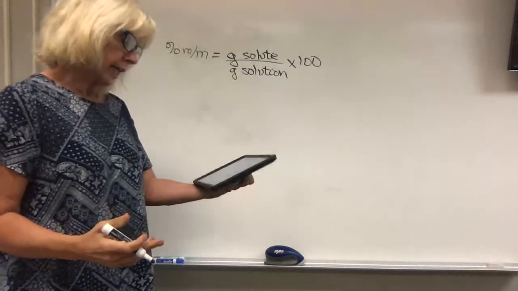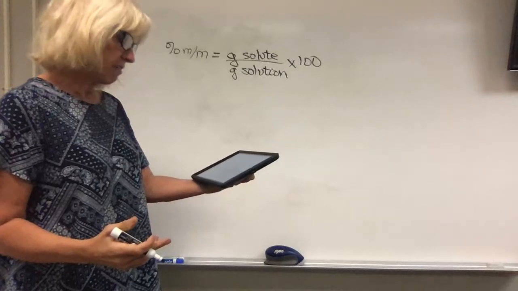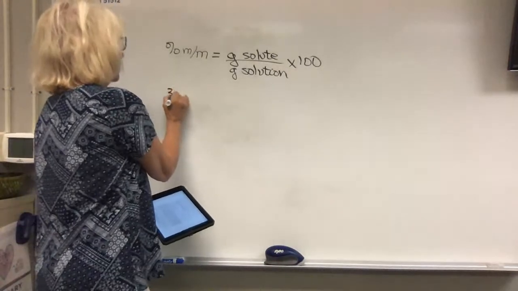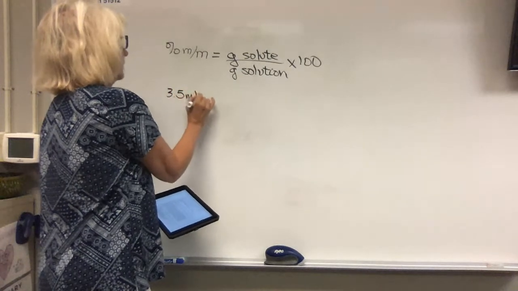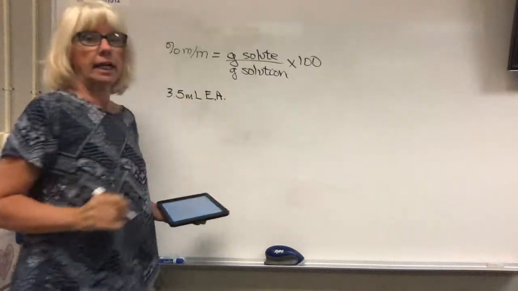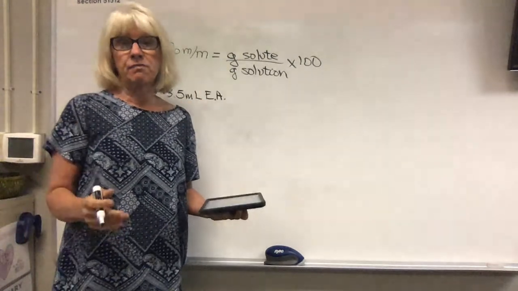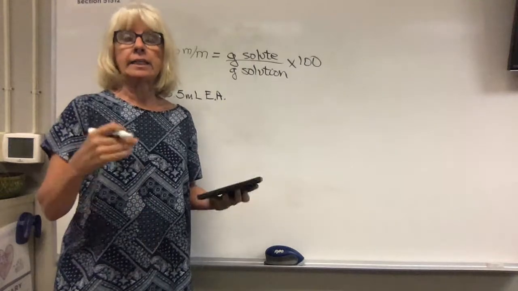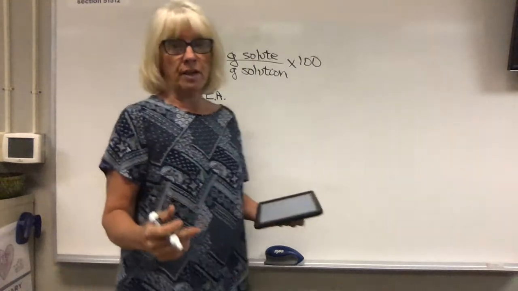When I look at this, it says 3.5 milliliters of ethyl acetate. Well, I think that's going to be my solute, and I'm going to abbreviate it EA, because the solute is the thing found in least amount, and it is the thing that gets dissolved in the solvent.